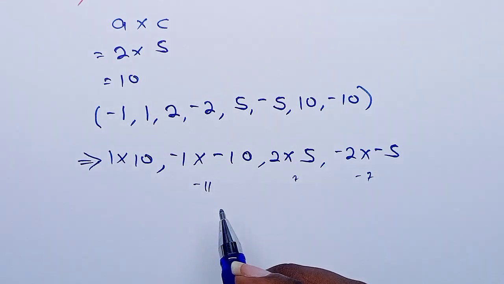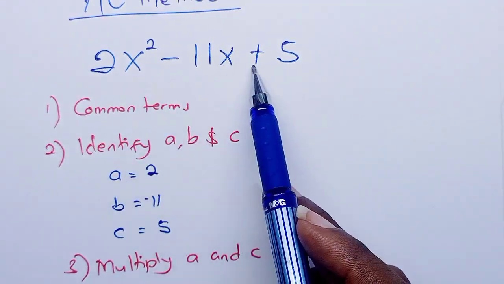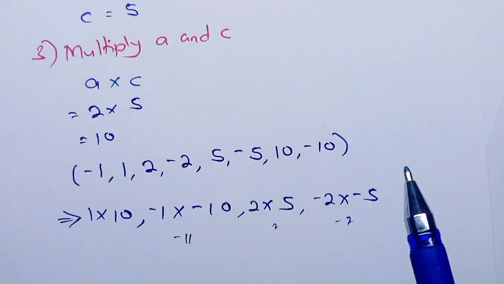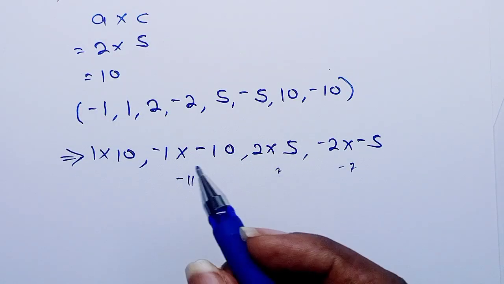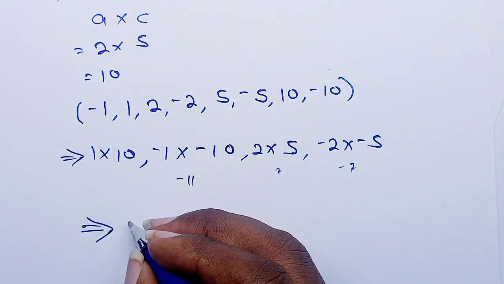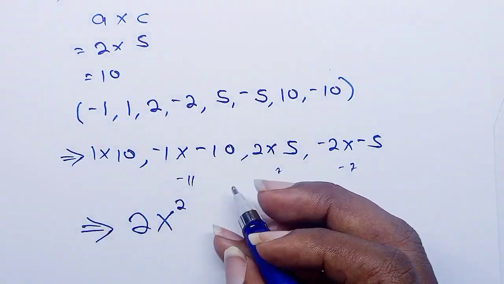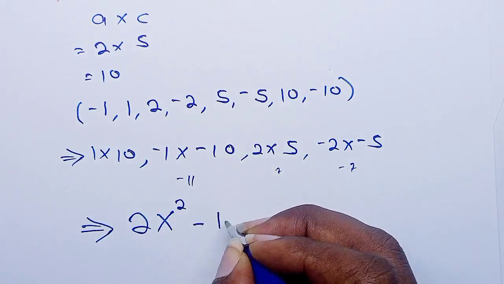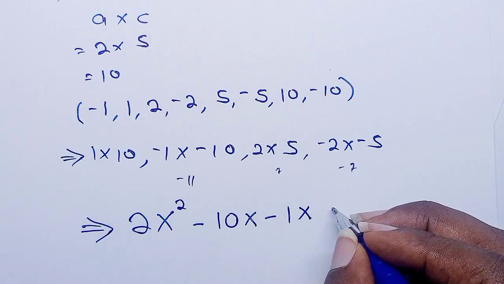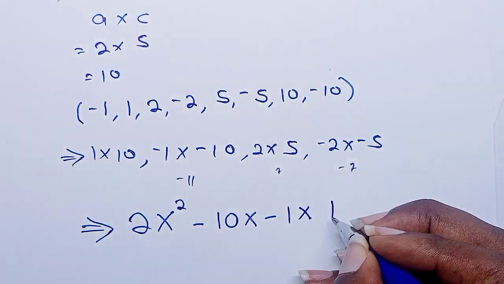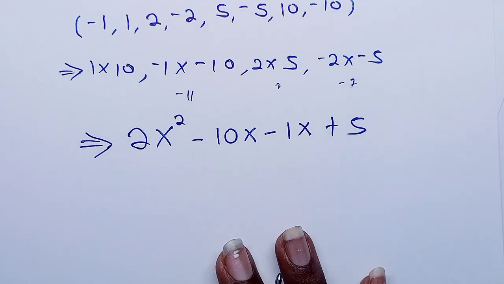Now let's replace negative 11 in our expression with these factors, negative 1 and negative 10. So it will become 2x squared minus 10x minus 1x plus 5. Now the next step is to group them.